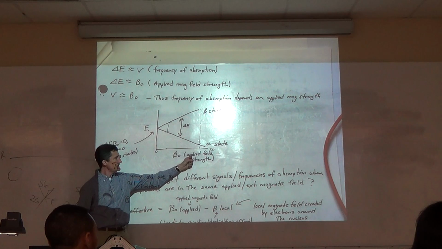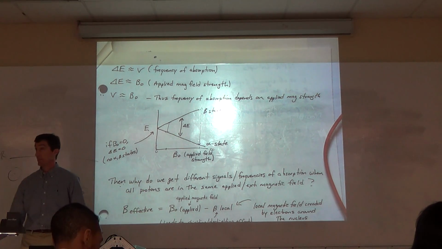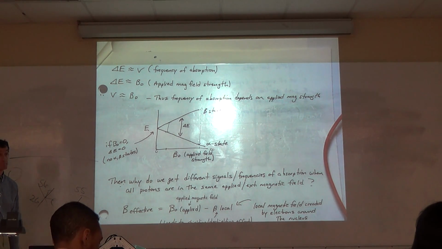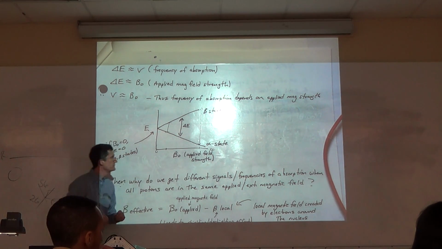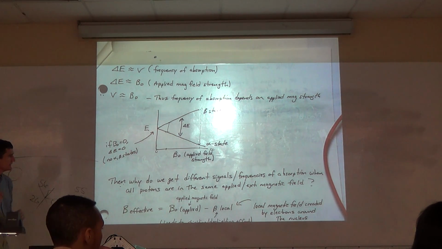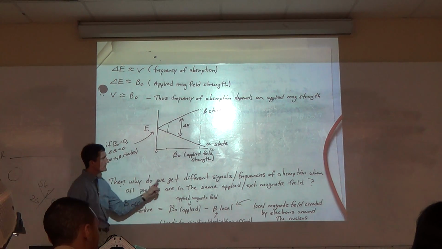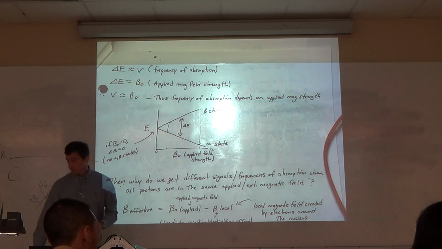Now, this can vary because you can have different magnet sizes, smaller magnets, bigger magnets. That's not really applicable to us, but that should make sense. We still need to get at why we get different signals.